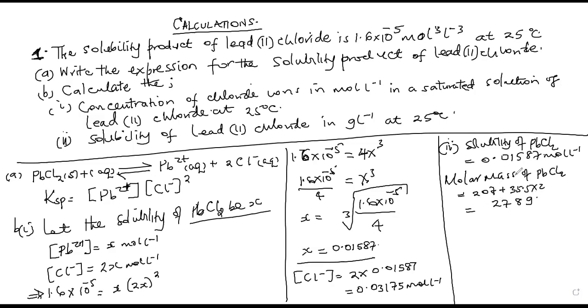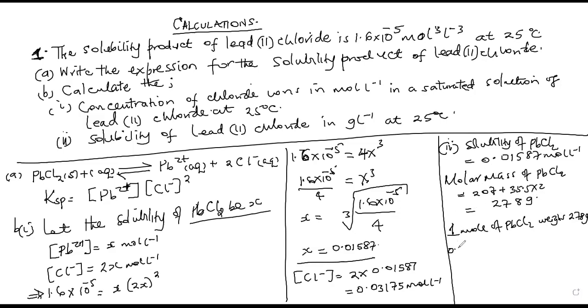So if the molar mass is 278 grams, it means that 1 mole, because molar mass is the mass weighed by 1 mole of a substance, of PbCl2 weighs 278 grams. Then if 1 mole can weigh this, what about 0.01587 moles?